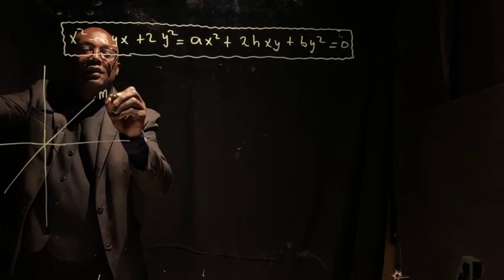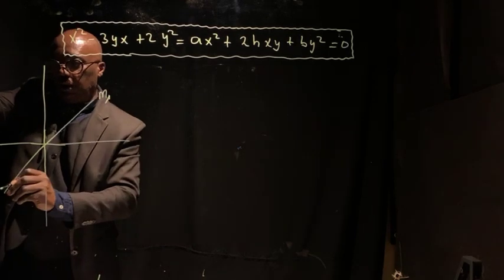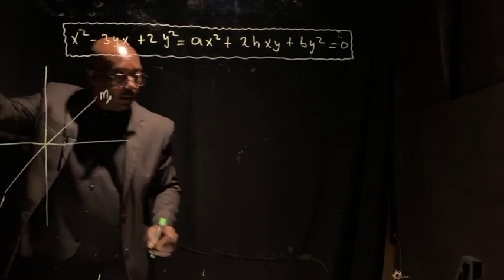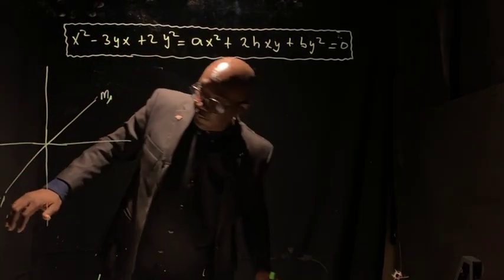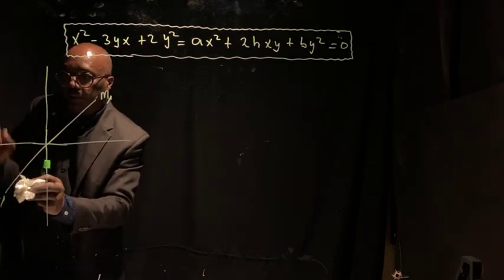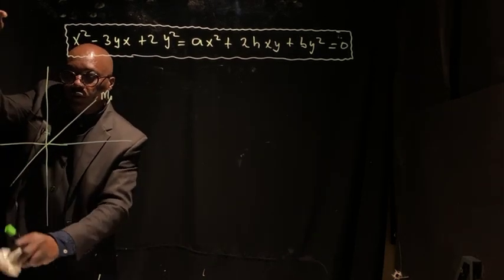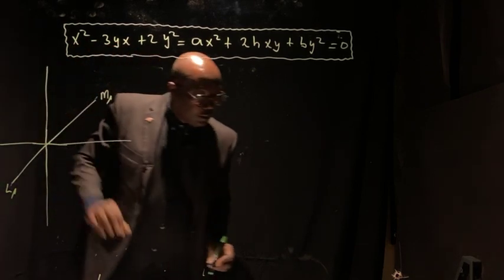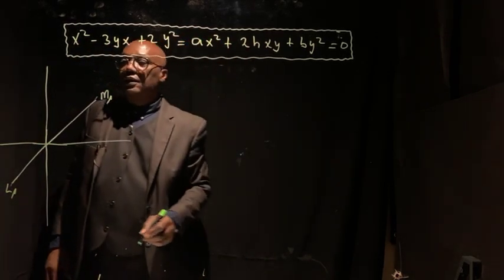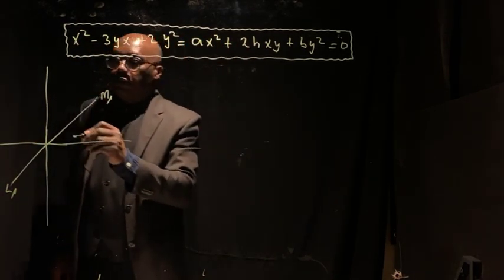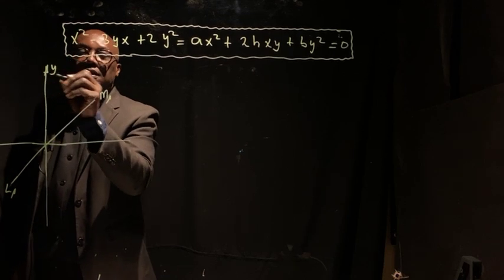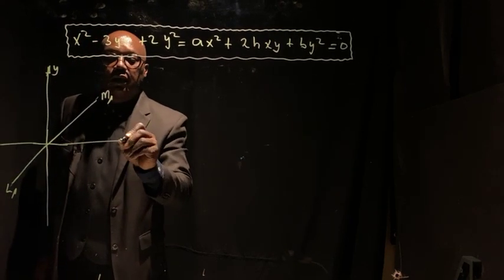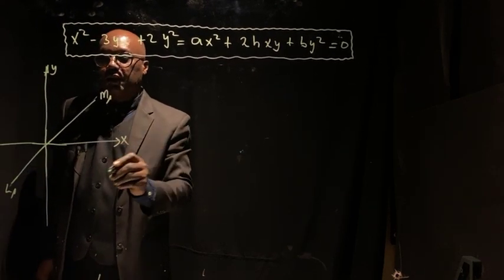The gradient is M1 and the line is L1. The line is L1 and the gradient is M1, this is the y-axis, and this is the x-axis.